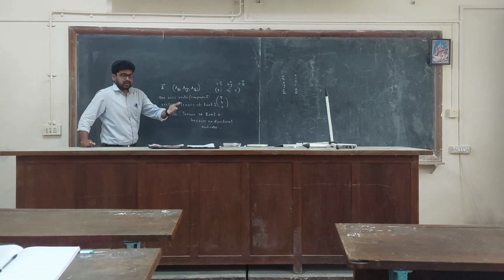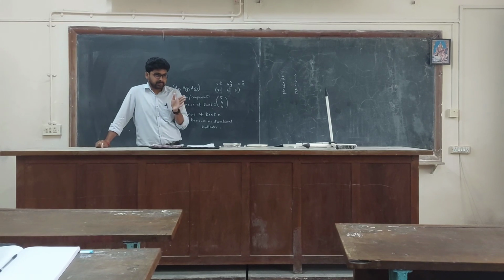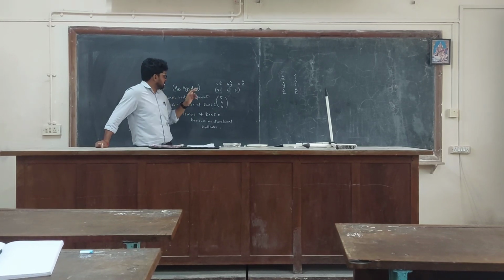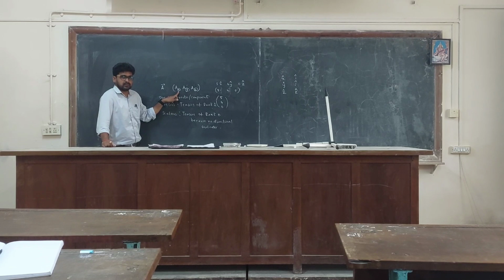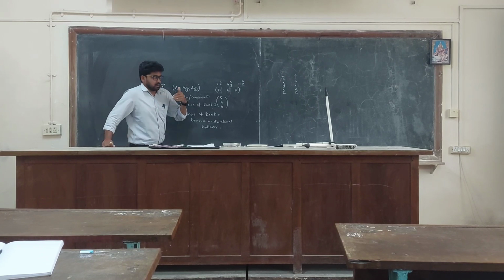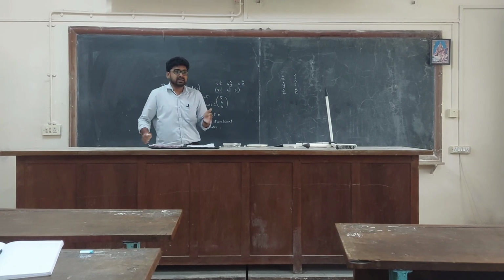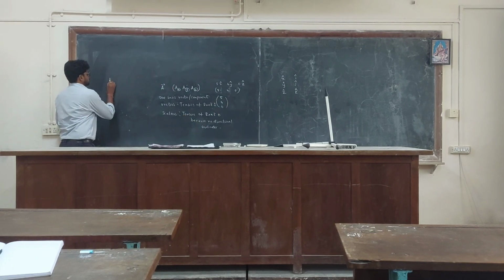I will tell you in a minute why it is so powerful to represent tensors as a combination of components and basis vectors. So tensors are always represented as a combination of a component and a basis vector. That I'll tell you in a minute, but I want to show you an example of a higher rank tensor, a tensor of rank 2, or rank 2 tensor.